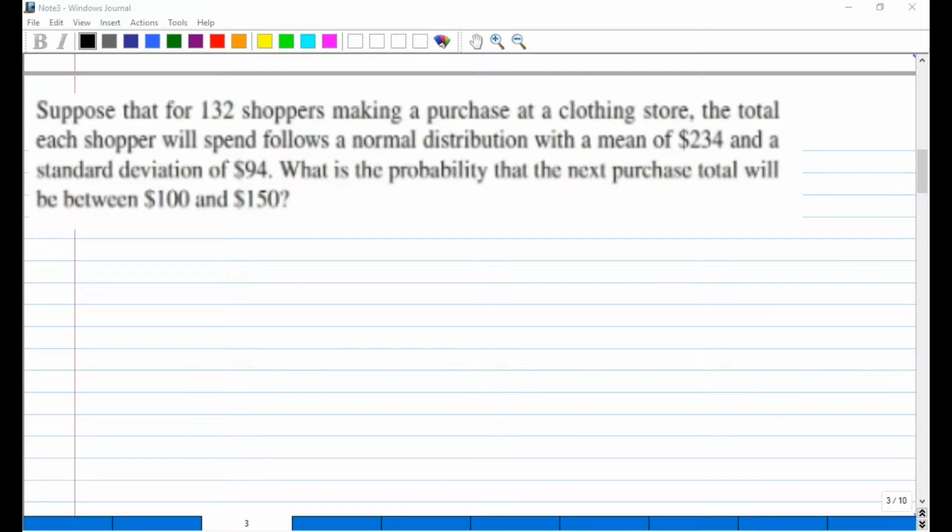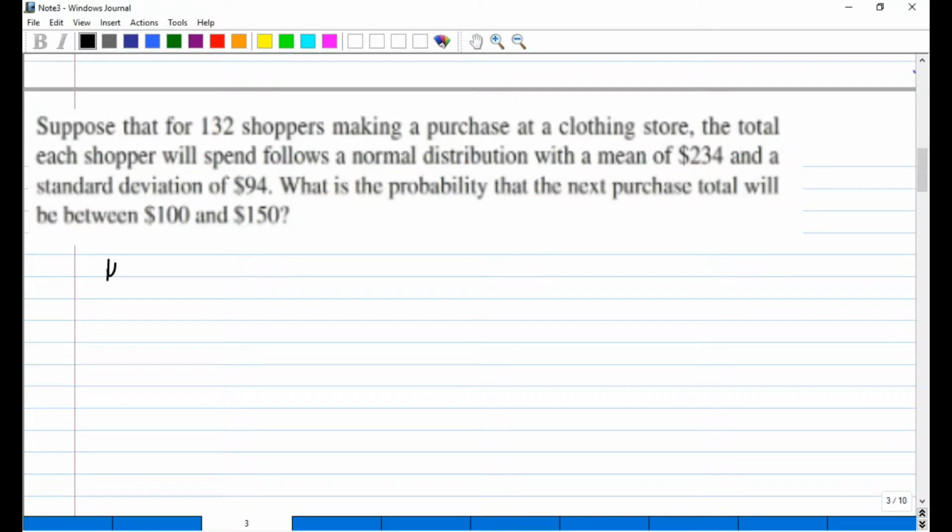All right, so what's our mean? Our mean is equal to 234. Our standard deviation is equal to 94. We want to know the probability that the next purchase will total between $100 and $150.